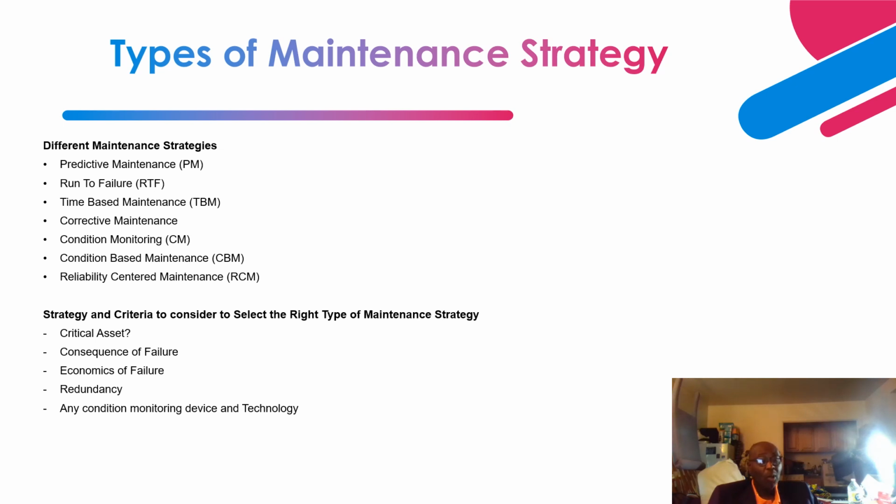Next is installing condition monitoring devices and technology. If you have a bushing condition monitoring device in place that monitors the leakage current, the capacitance of the C1 region, the tan delta of the C1 region, the capacitance of the C2 region, and the tan delta of the C2 region, and you also have an online monitoring device that measures oil quality, just 2-parameter, that is moisture, and DGA, let's say a 2 gas, 5 gas, 7 gas, or 9 gas, then with all these monitoring devices in place, that helps you to identify the type of maintenance strategy.